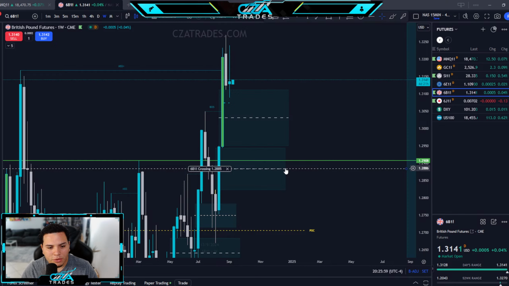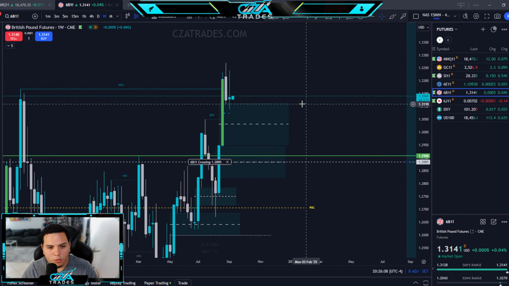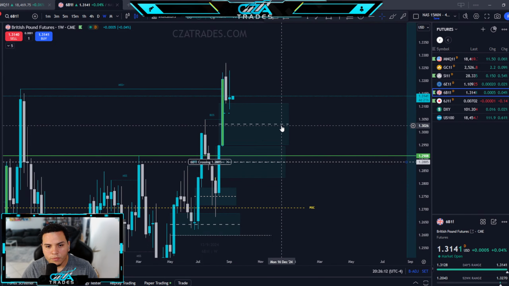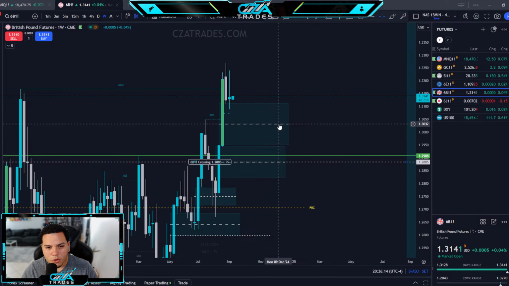We're looking at about 1.2885. That's where we want to get in. Right there. But it is a weekly one, so this one might tap into it and continuation upward as well. Weekly is very strong. So set an alert for this one as well. We're looking at 1.3031.